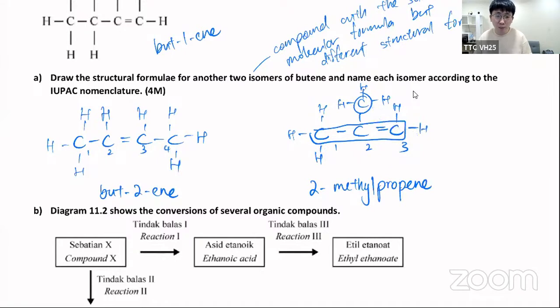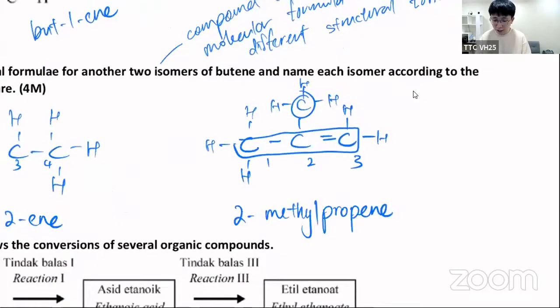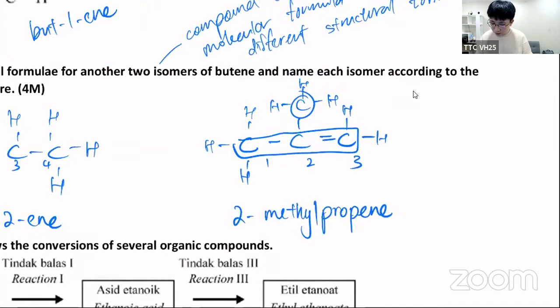So the methyl represents the branch. Yes, the methyl is the branch, and this tail is at carbon number 2 of the propene. So it's 2-methyl propene. There will be no 1-methyl propene, because if it's at 1, it wouldn't be a propene. You understand? So again, if you bring this carbon into your first carbon, you don't call this a propene.